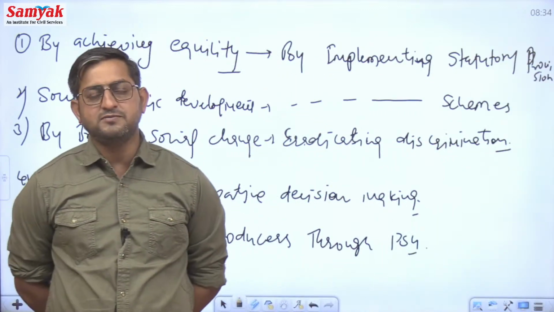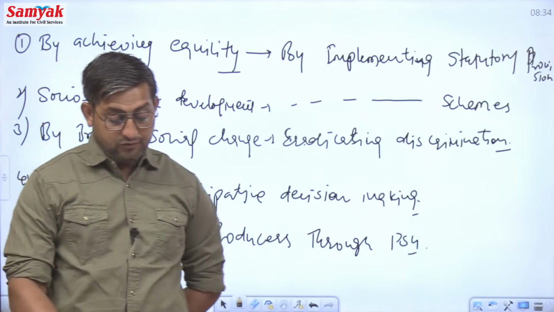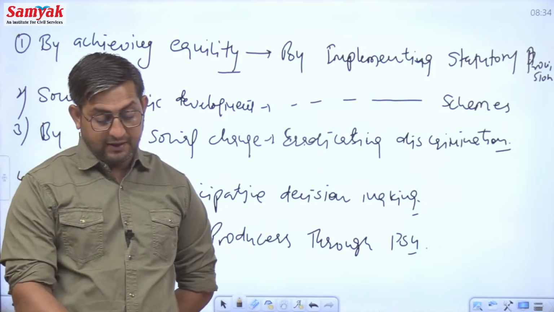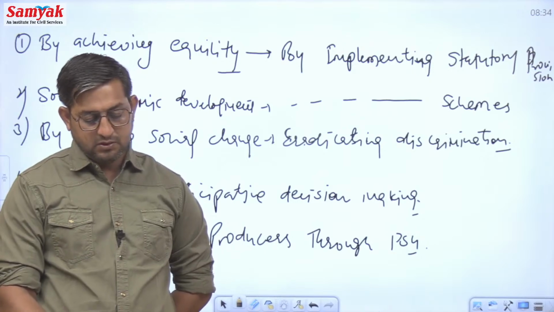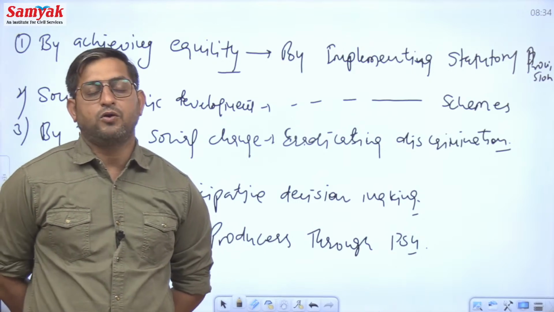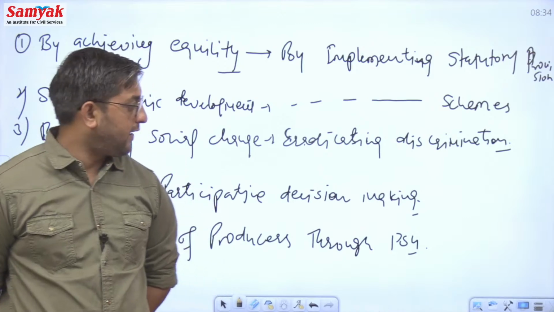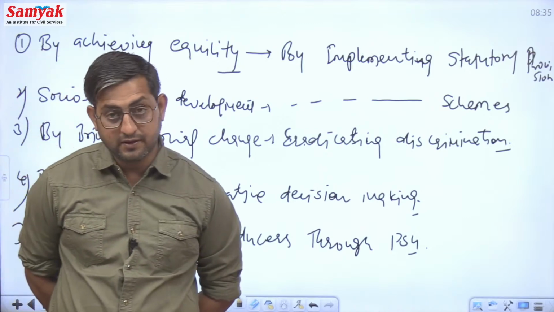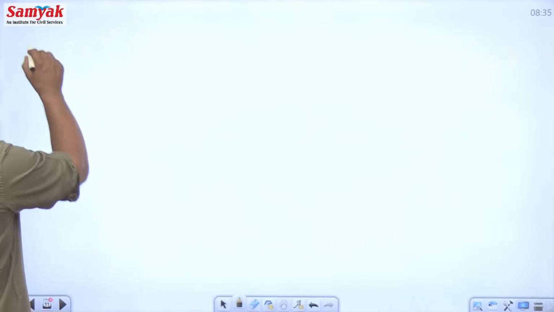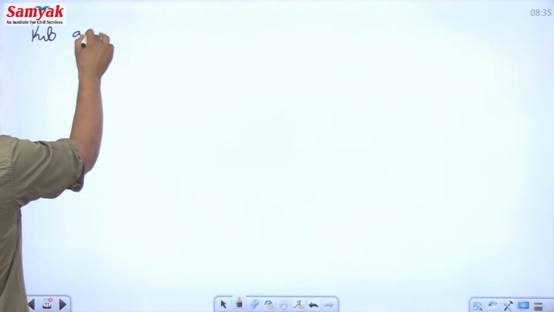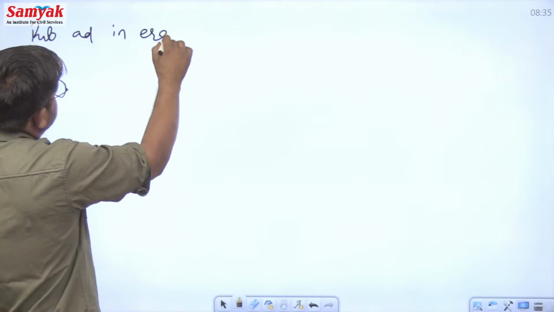So through this mechanism, the government, or the public administration, can become the agent of socio-economic stability in the developing society. Now we have one more dimension, that is public administration in the era of liberalization.